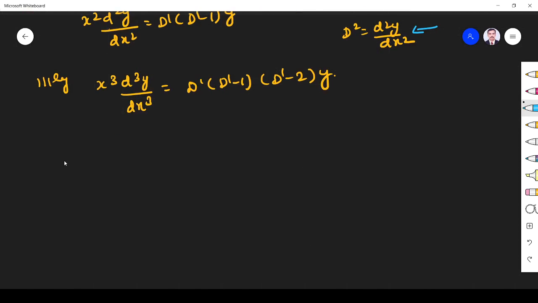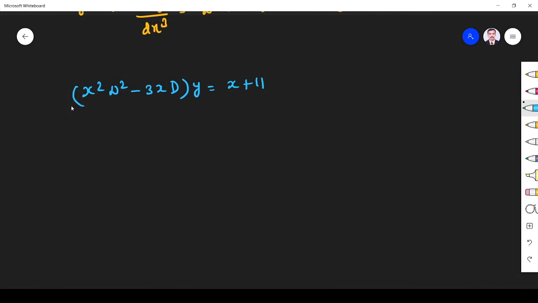Let us solve this problem, then you will understand. x squared d squared y minus 3x dy is equal to x plus 11. The coefficients are variable, x squared and x. So first we replace x is equal to e power z, or z is equal to log x.